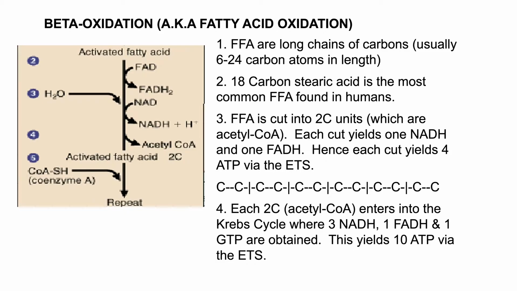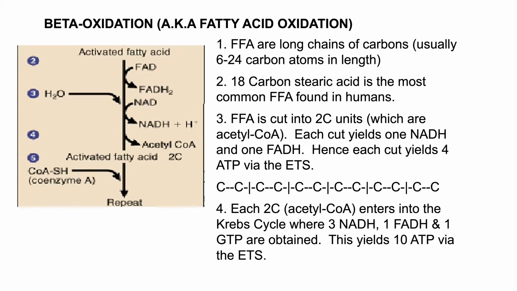Now you can see, going back to what we talked about with the Krebs cycle and ETS, we know acetyl-CoA, the process going through Krebs into the ETS, gives off ATP. But then we also have here NADH and FADH. So it's even more ATP. If you think back to what we've talked about so far, with all 3 of these molecules in the ATP process, we're starting to get a lot more ATP from just one fatty acid.